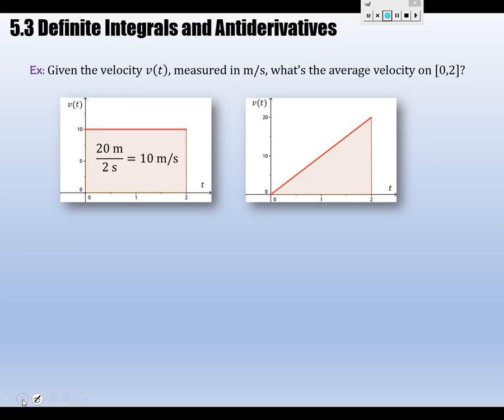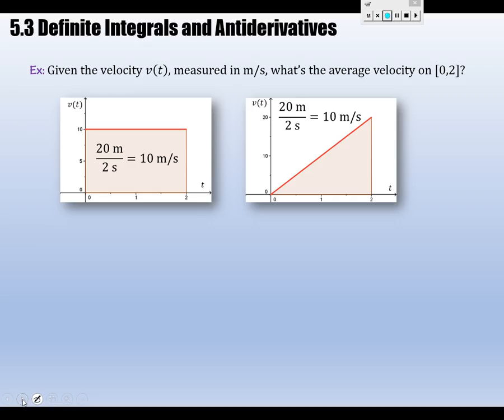Now that we understand definite integrals, we understand why the area under the curve might tell us that he's gone 20 meters, and he's still done it in 2 seconds. So the average velocity is 10 meters per second. I have that calculation up here too.